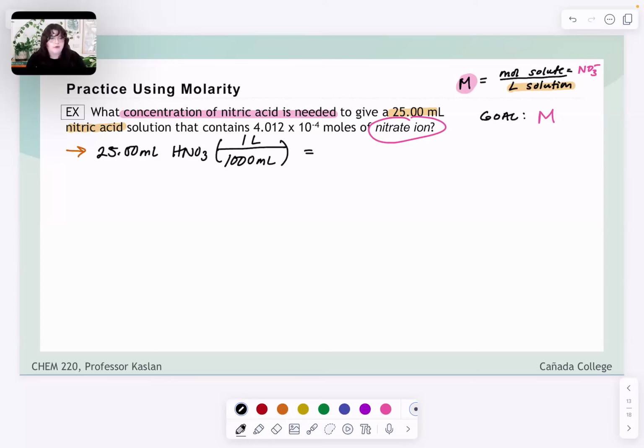We are moving our decimal place over 3 places to the left. This is 0.02500, retaining our original significant figures, liters of HNO3 solution. So we have our liters of solution.